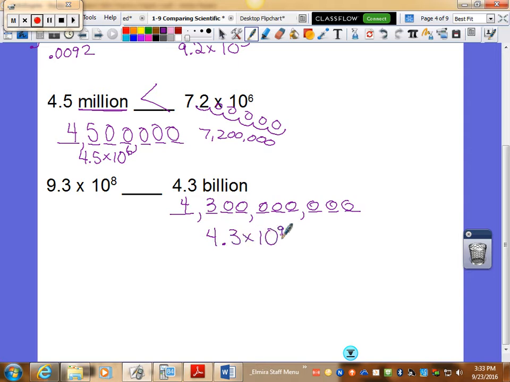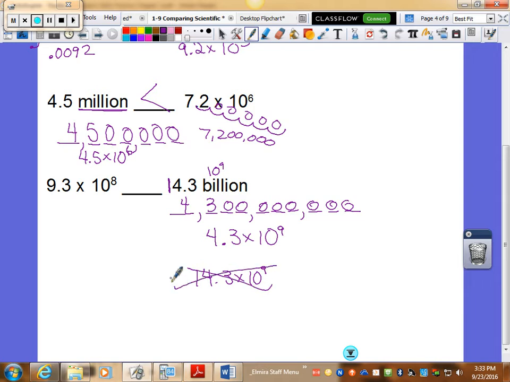Mrs. Andrews, why didn't you just write 4.3 times 10 to the 9th? If billion is always 10 to the 9th, why didn't you write that? Well, if I had said 14.3 billion, we could not write 14.3 times 10 to the 9th. That would not be correct scientific notation.